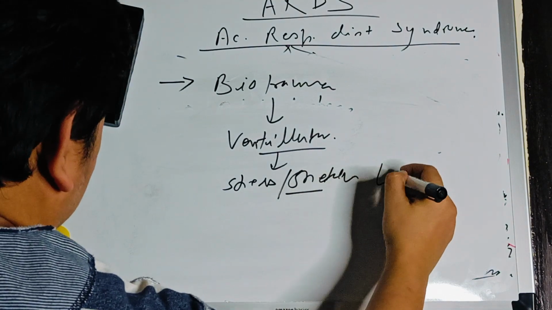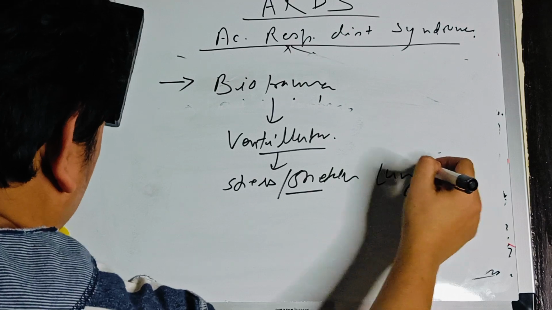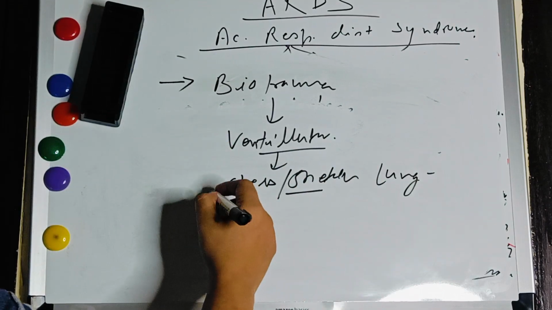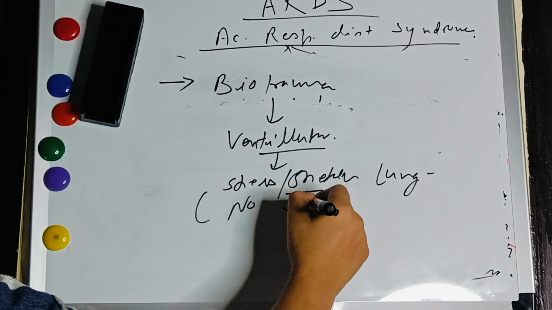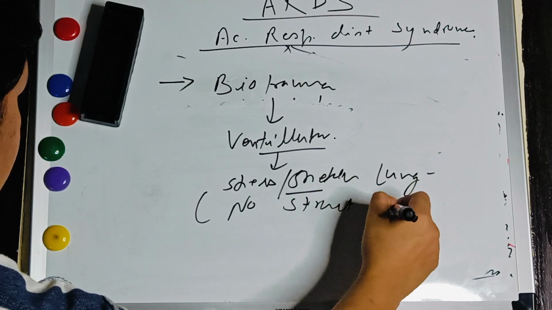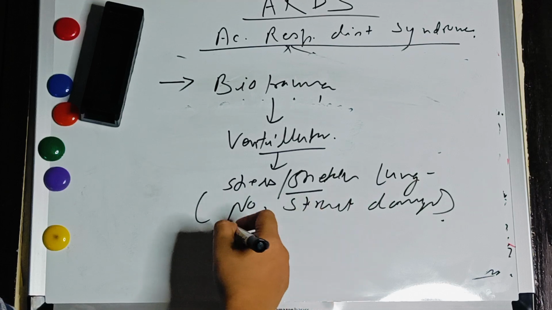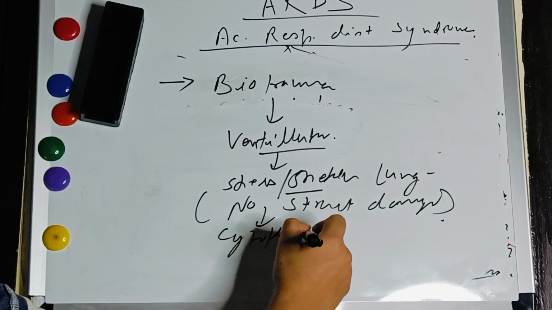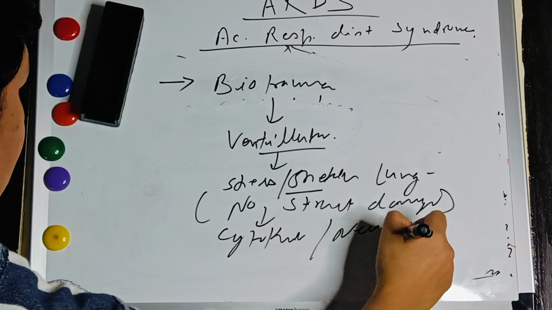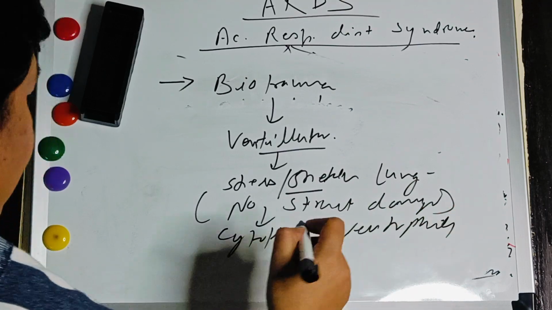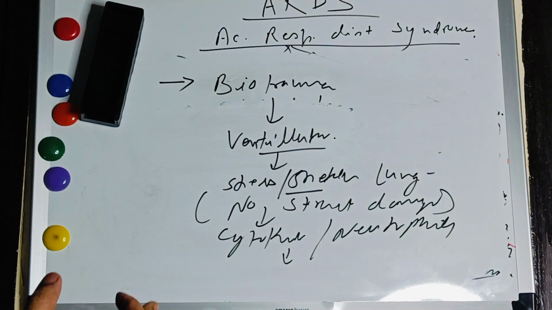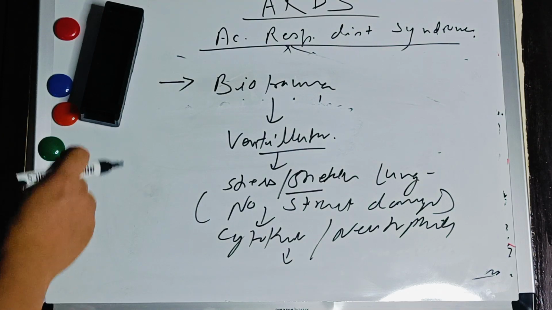Though there is no structural damage in biotrauma, because of stress and strain there is release of cytokines and neutrophil activation, and this will take a similar course of action like ARDS. Sometimes the ventilator alone is the cause of multi-organ failure because of this pathway.